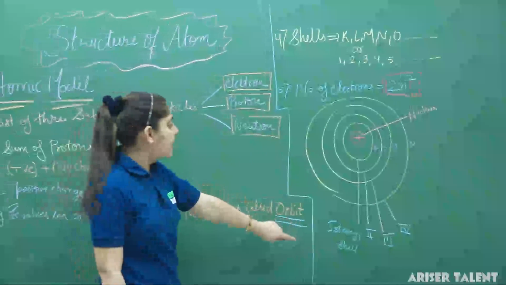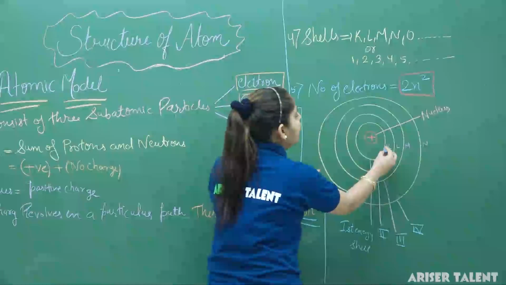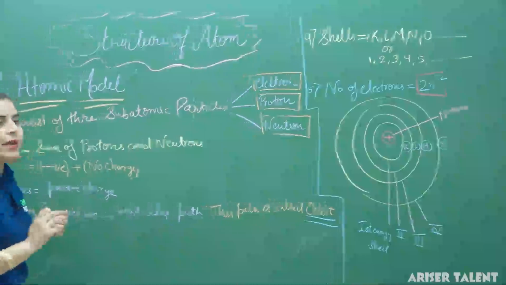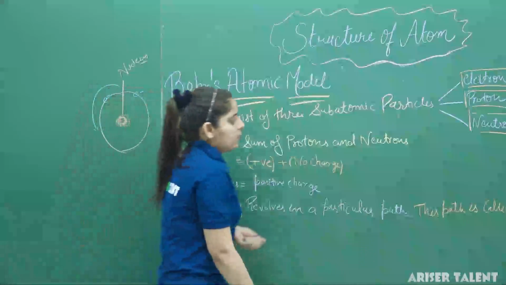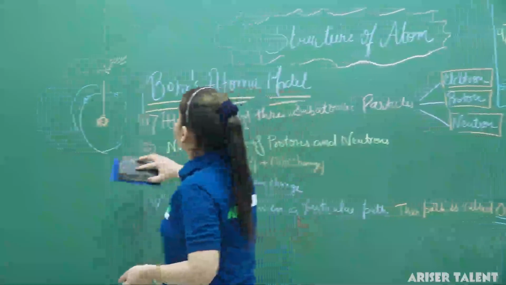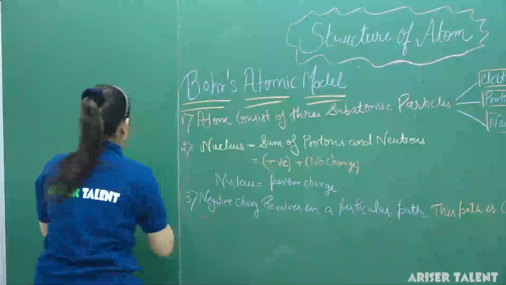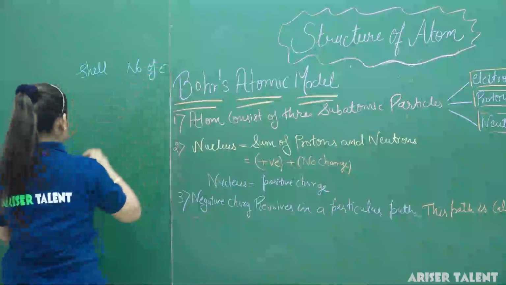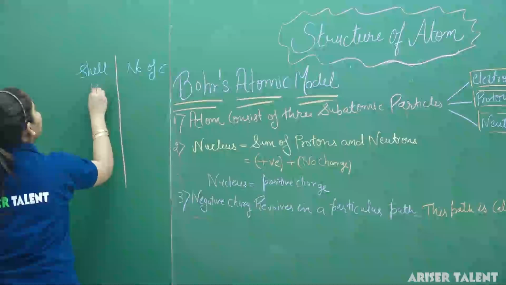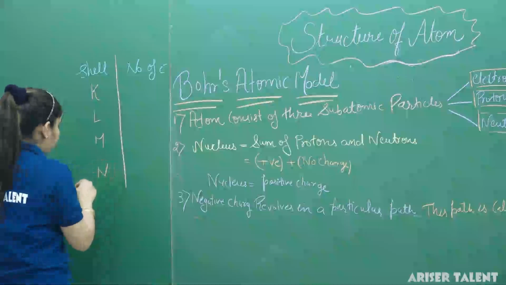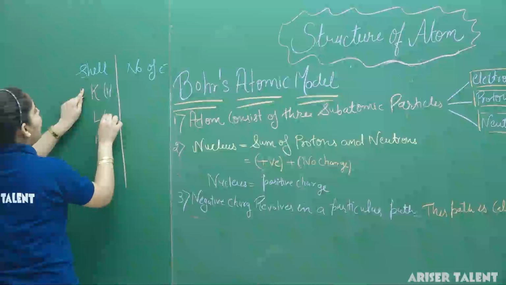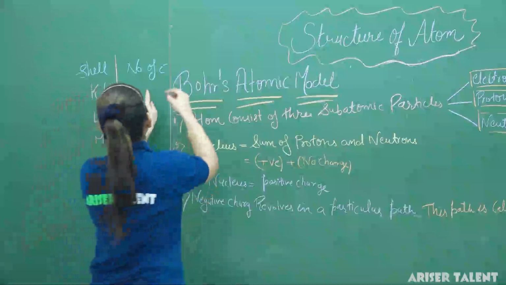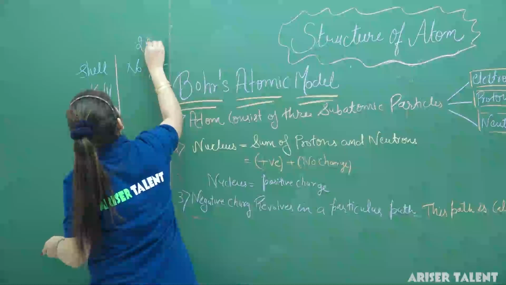So energy shells can be identified as first, second, third, fourth, and are indicated as K, L, M and N. Now we have to calculate the number of electrons in K, L, M, N. We have 4 shells, K, L, M, N, and the value of n for K is 1, for L it is 2, for M it is 3, and for N it is 4, and the number of electrons will be calculated by the formula 2n square.